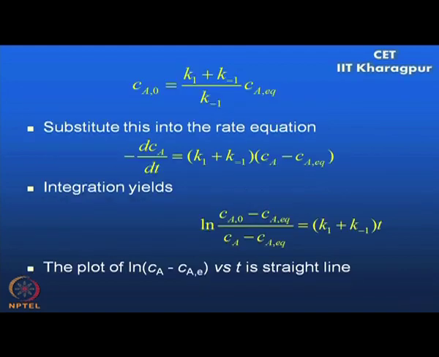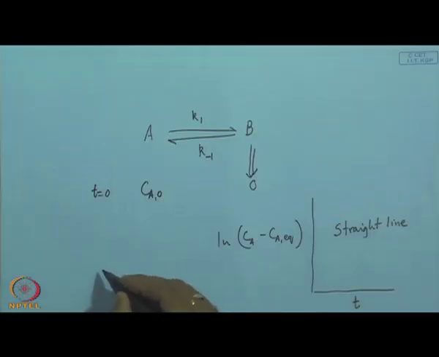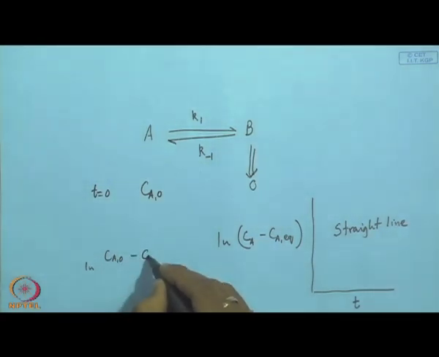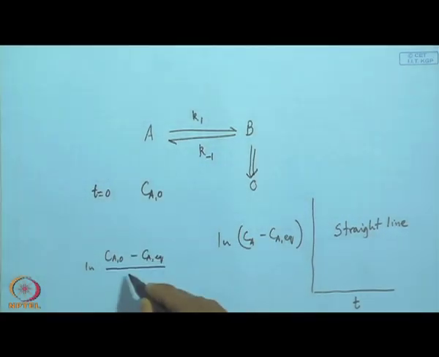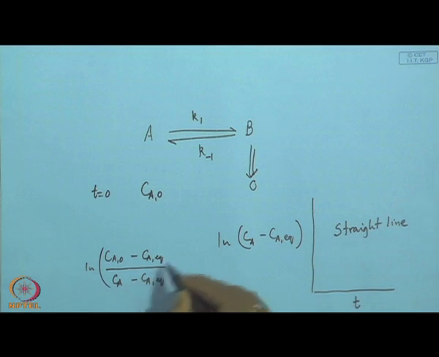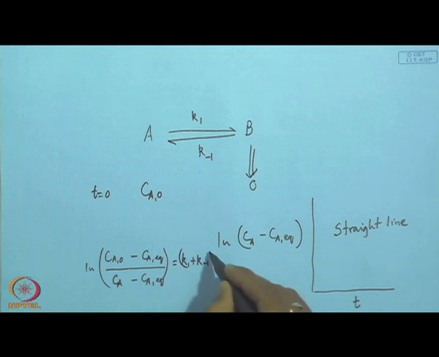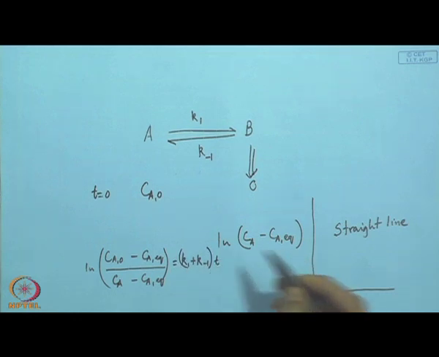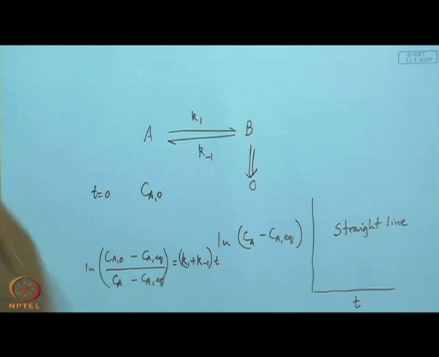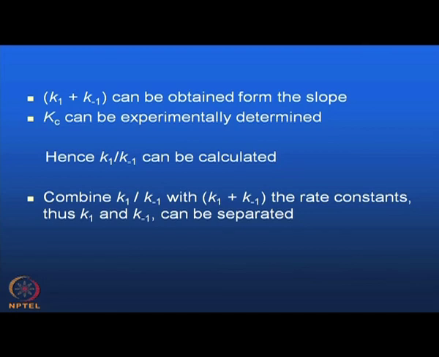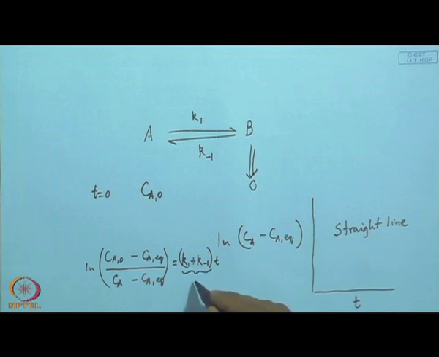Your expression is ln of (Ca0 minus Ca equilibrium) divided by (Ca minus Ca equilibrium) is equal to (K1 plus K minus 1) times T. So, this is your slope, which you will get from this plot.